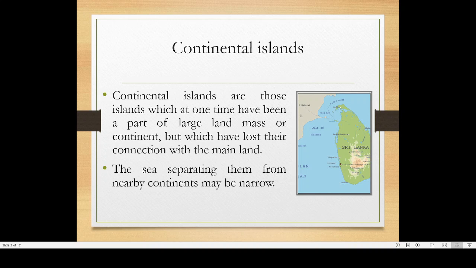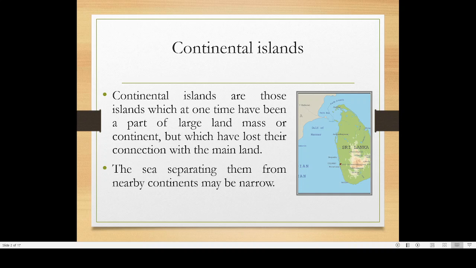Through this land bridge, animals from India were able to reach Sri Lanka. So there are many animals in Sri Lanka. For example, elephants are present in Sri Lanka. Then we can find leopards in Sri Lanka. But there are no tigers in Sri Lanka. In Kerala as well as in Tamil Nadu we can find tigers.